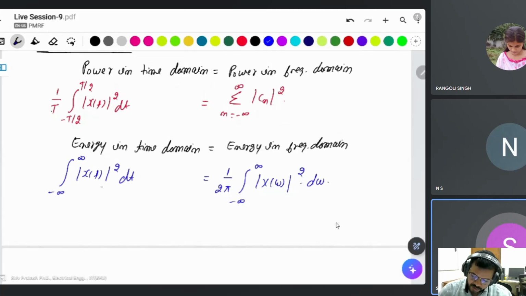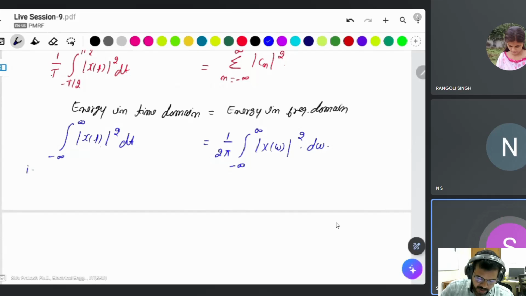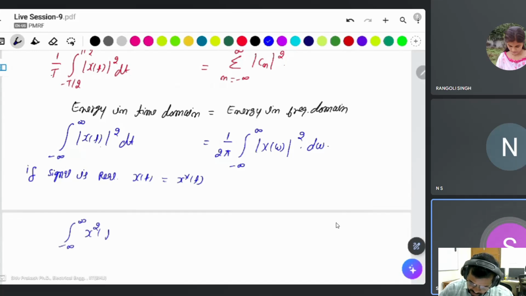Mod of this one: if it is complex, the magnitude of the complex conjugate and the real function is the same. If there is a real function, then only the square is there: x squared (t) is equal to x squared (omega). Like that, if the signal is real, when x(t) is equal to the conjugate of x(t), then the integration from minus infinity to infinity of x squared (t) dt is equal to 1 by 2 pi times the integration from minus infinity to infinity of x squared (omega) d omega.